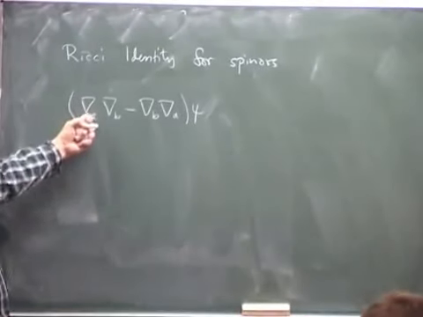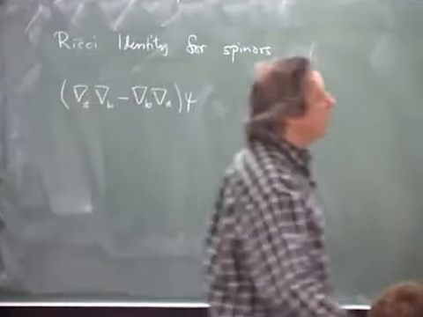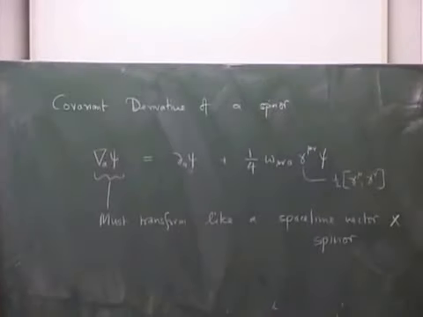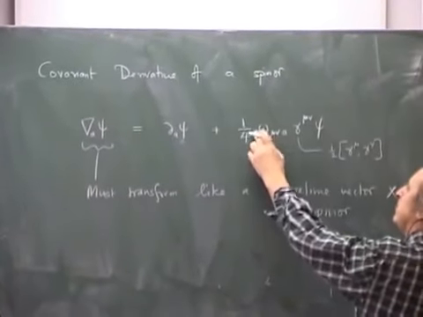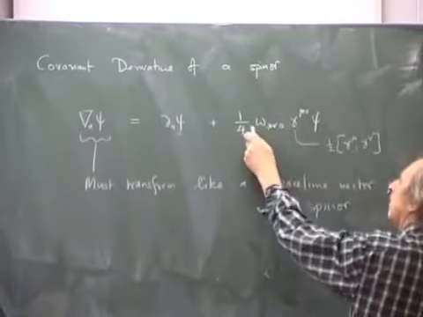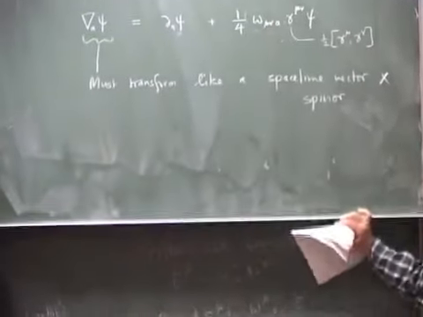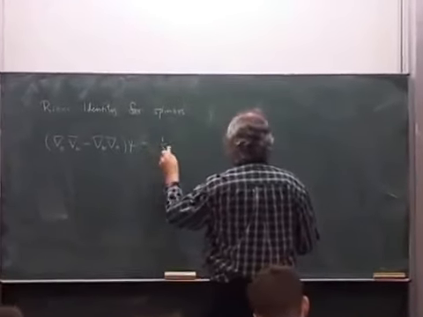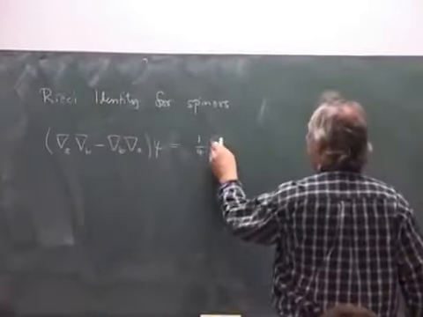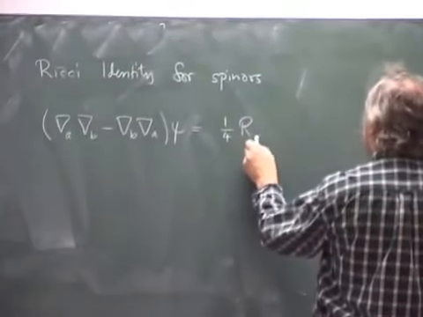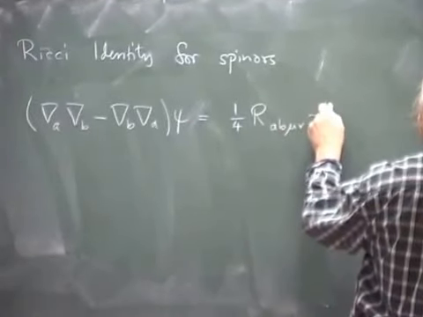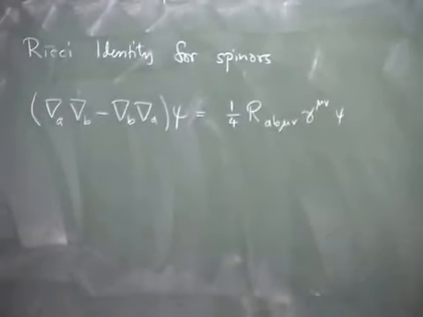This thing takes the derivative of the covariant derivative. Obviously, when you have partial derivatives, those terms will disappear because partial derivatives commute. But you'll end up with taking the derivative of this thing here. The result is that you will end up with 1/4 of R_AB μν γ^μν acting on ψ.